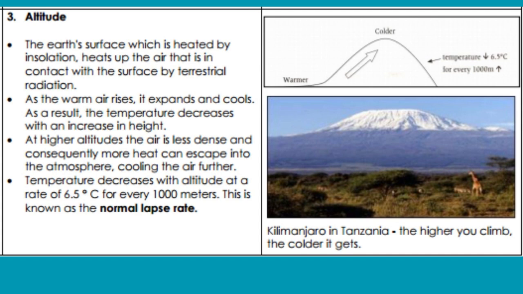At higher altitudes the air is less dense and, consequently, more heat can escape into the atmosphere, cooling the air further. Temperature decreases with altitude at a rate of 6.5 degrees Celsius for every 1,000 metres. This is known as the normal lapse rate. On Kilimanjaro in Tanzania, the higher you climb, the colder it gets.